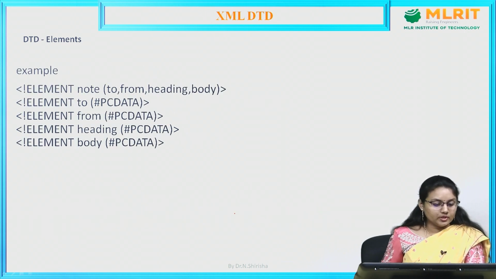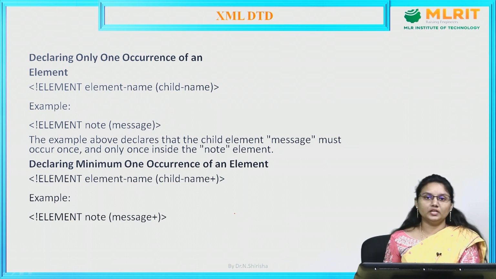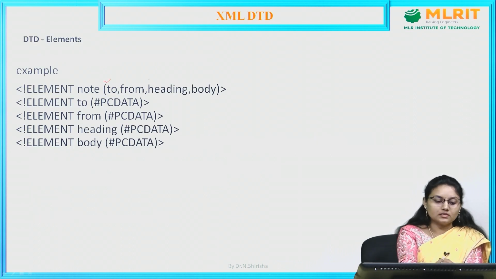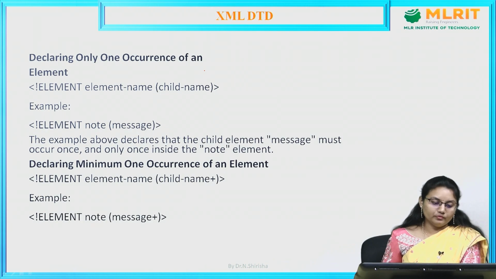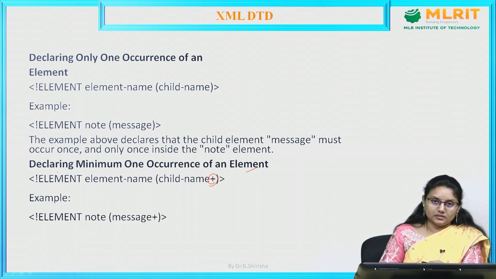This is the program we keep on discussing as the XML example, declaring one occurrence of an element. Here, to occurs once, and from, heading, body all occur only once. When you want to define something else, a minimum of one occurrence should be given as plus.